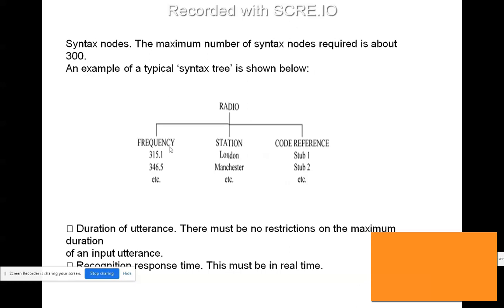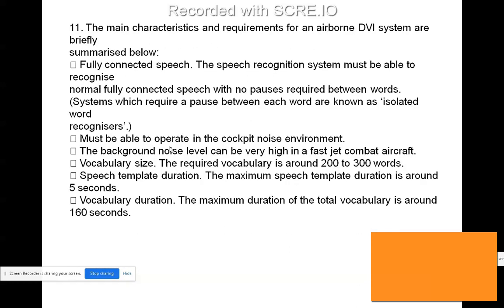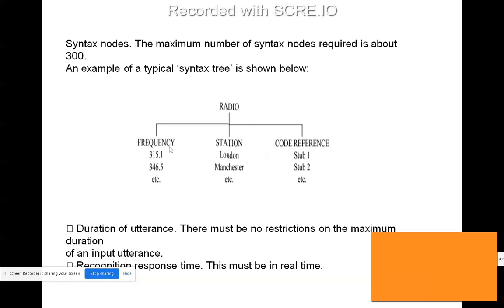Then syntax nodes. These are the characteristics or features of your DVI system. These are the features to be followed while you are using the DVI system. Syntax nodes: the maximum number of syntax nodes required is about 300. An example syntax tree is given here.